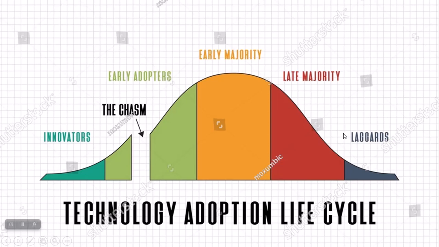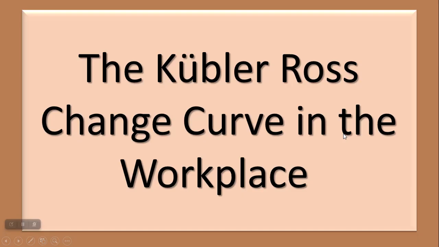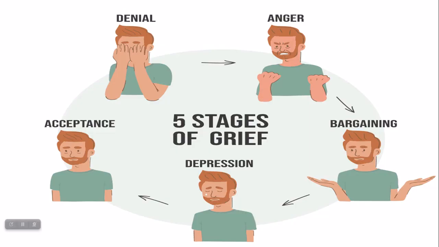Now let's discuss the 5 different stages of the change curve. The Kubler-Ross change curve in the workplace: the denial, the anger, bargaining, depression, and acceptance.